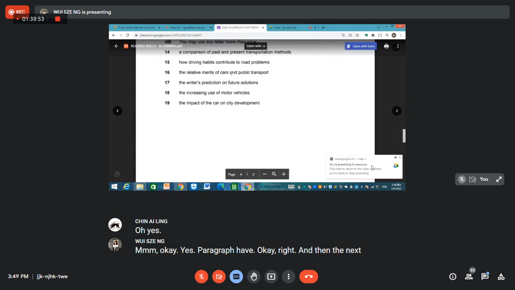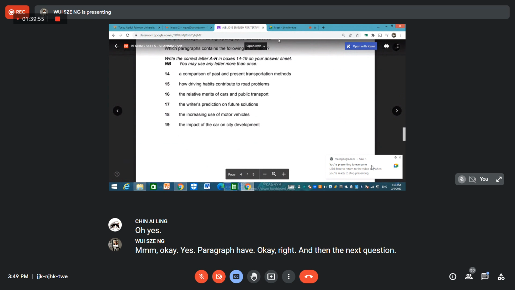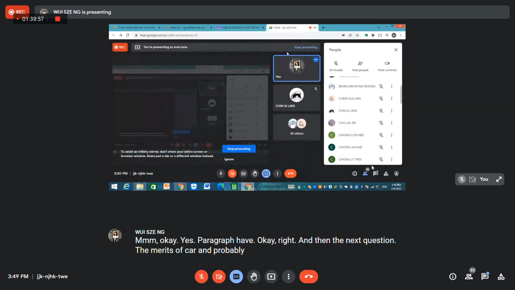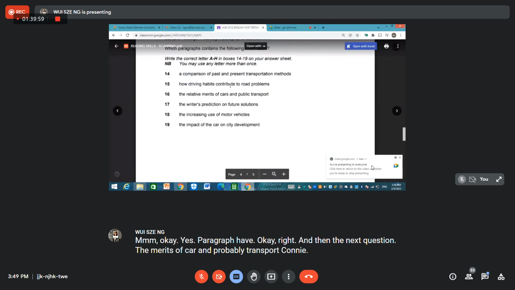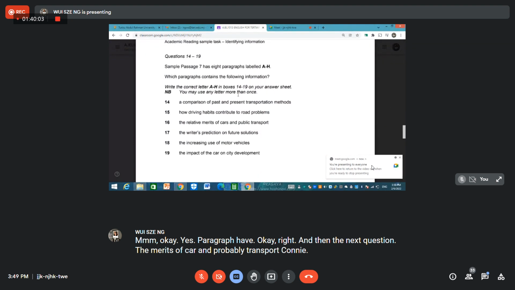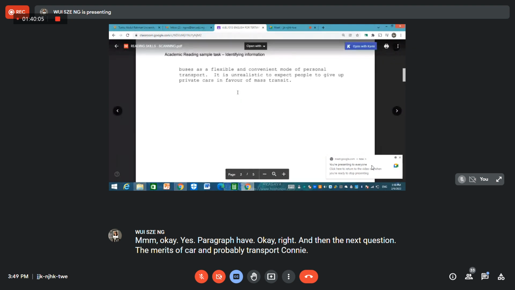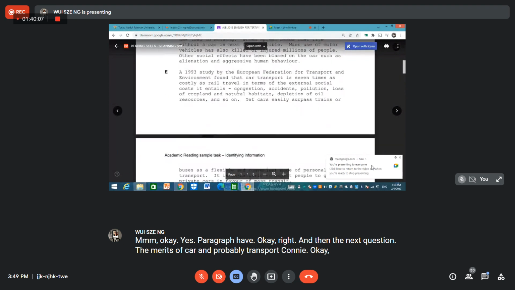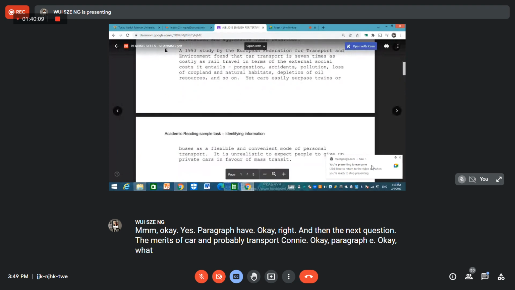And then the next question, the merits of cars and public transport. Paragraph E. What are the merits or advantages of taking public transport?